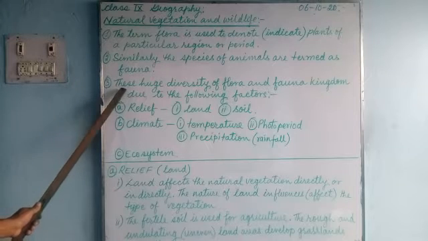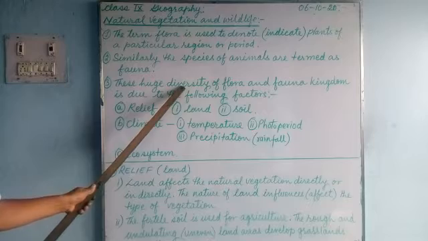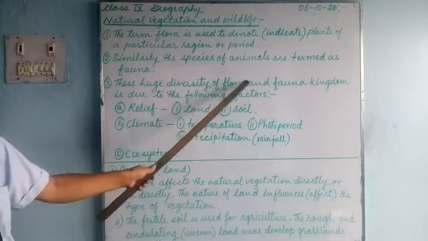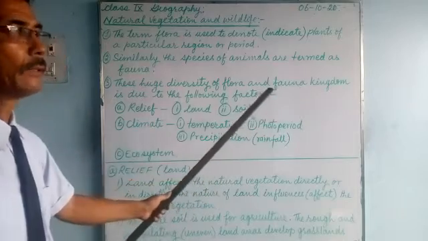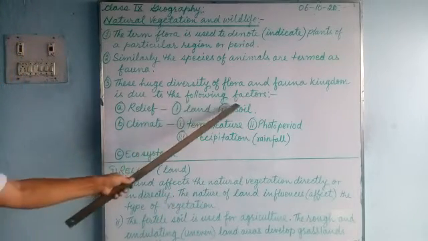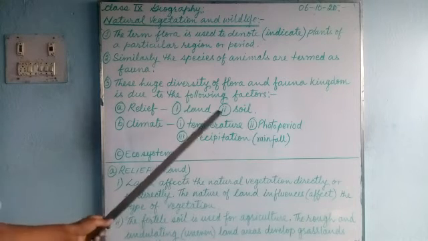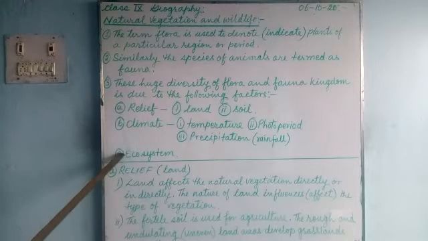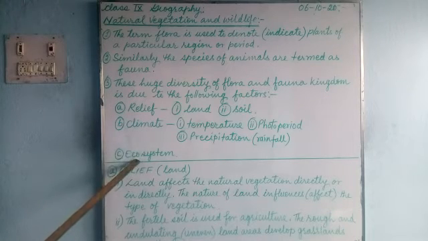Now we'll talk about this huge diversity, these huge varieties of plants and animals. This flora and fauna kingdom is due to a number of factors, and the factors are: 1, 2, 3: relief, climate, ecosystem.